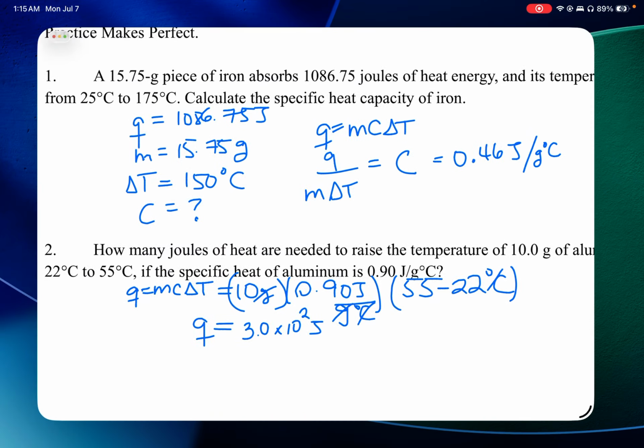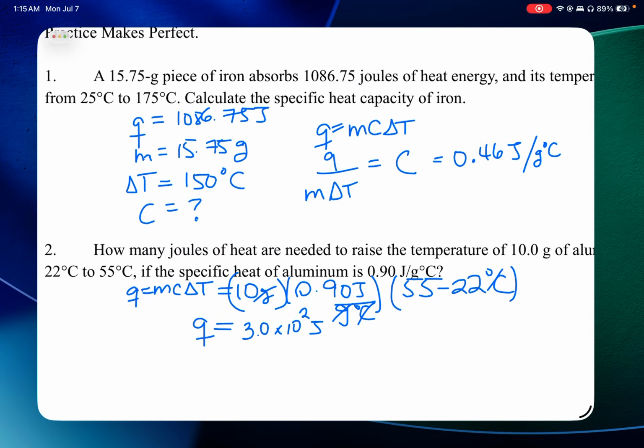So let's continue on with our last question. 100 grams of 4 degrees Celsius water, or actually, let's do another question just for the sake of science. 100 grams of 4.0 centigrade water. So this is mass, okay?